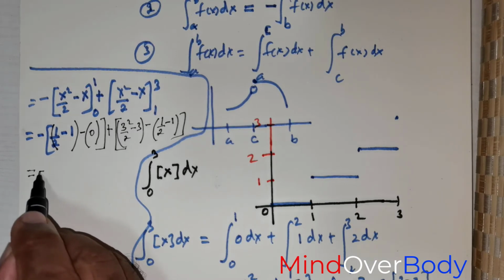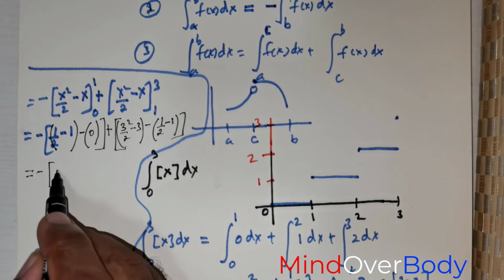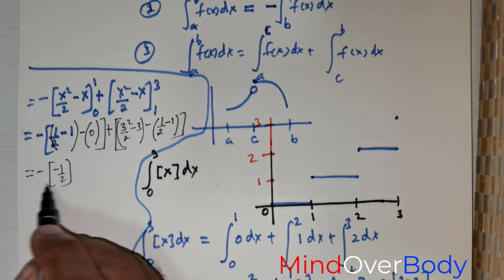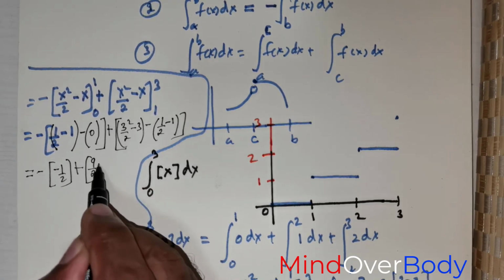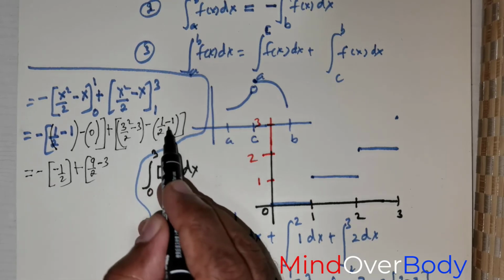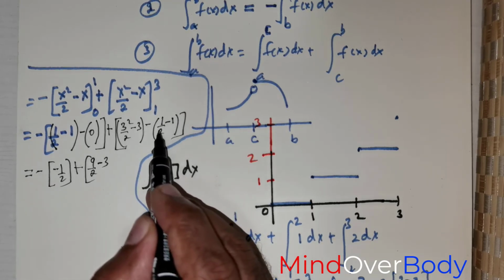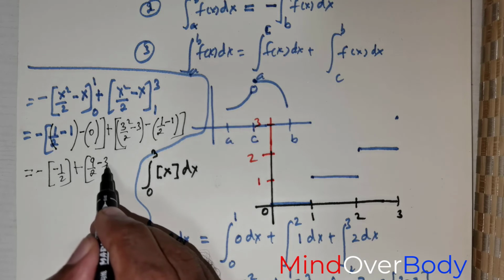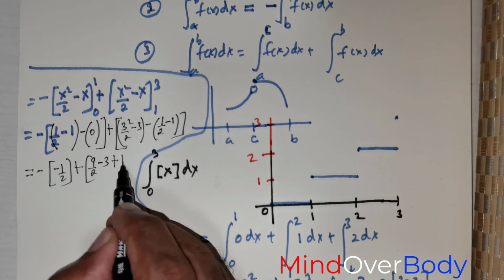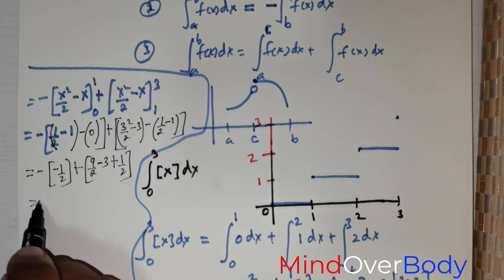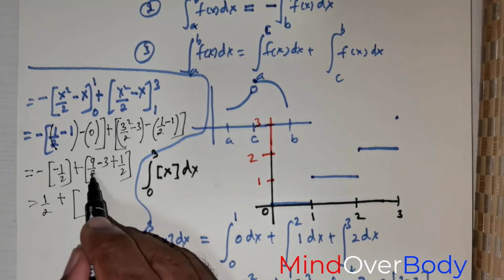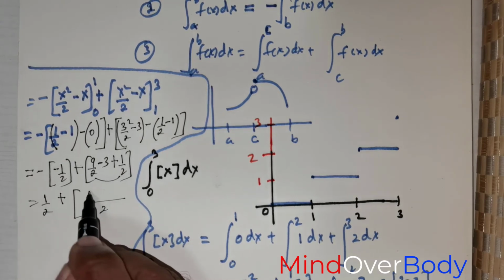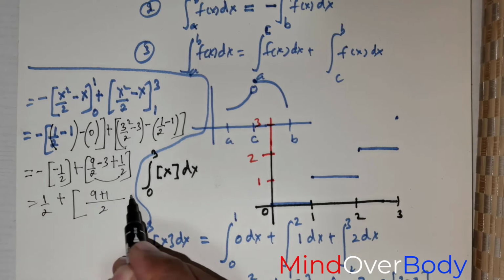So this is equal to negative of 1 over 2 negative 1, which would give me negative 1 over 2. That's for this part, followed by 9 over 2 negative 3, minus 1 over 2 negative 1, that's going to be negative 1 over 2, and negative of negative would give me positive 1 over 2. So this is going to be 1 over 2 positive, and I can take the LCM for these two. That would give me 9 positive 1.